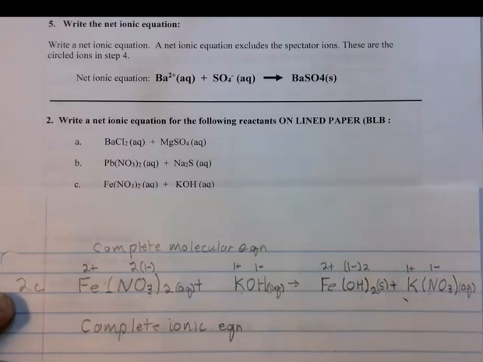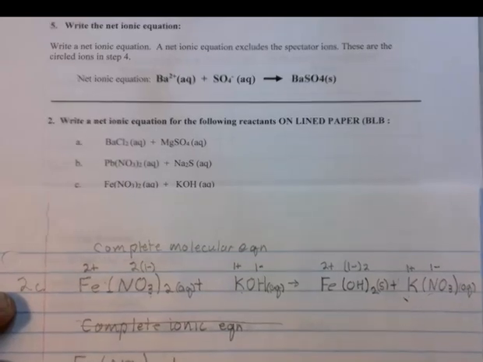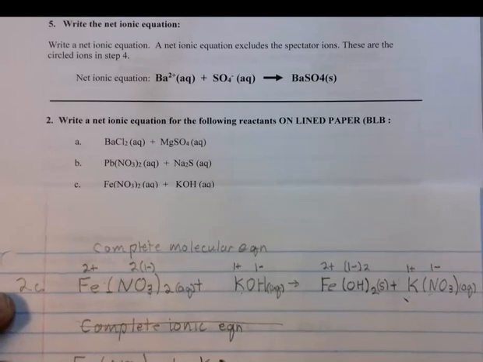Let me rewrite it down below. So before I do that, let me write Fe. I'm not going to write all the aqueous in that, again, because I want to make it as clean as possible so you can see what I'm doing. KOH is there. There's your arrow.